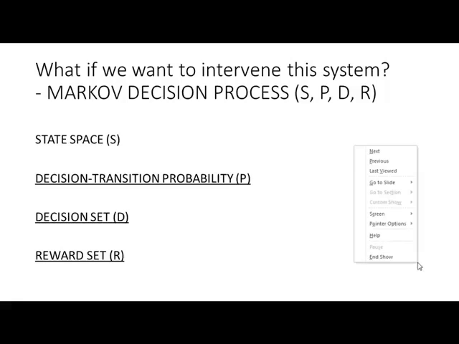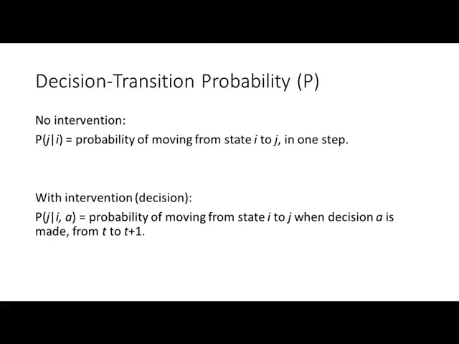And let's look at each piece in detail, except for the state space because we already discussed that before. So, the decision transition probability P. If there's no intervention, we're looking at a pure Markov chain, the same as before, the probability of moving from I to J in one time step.